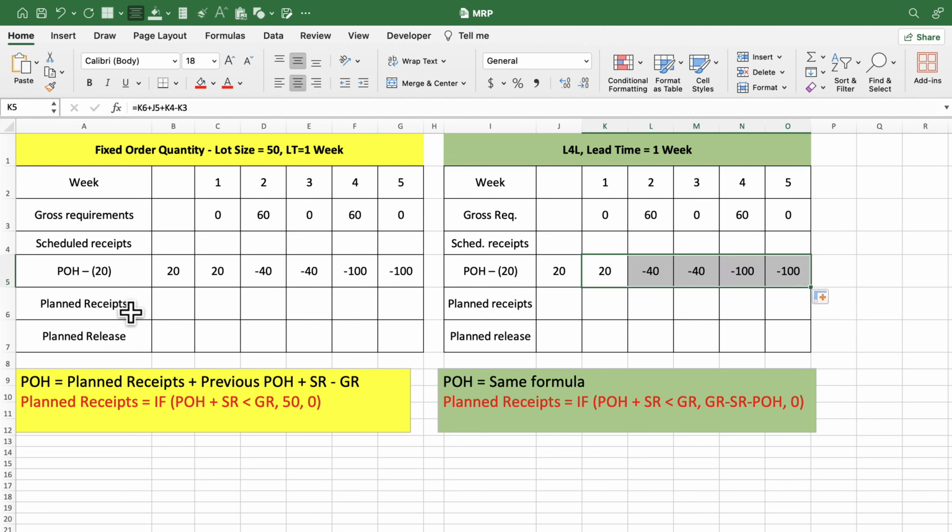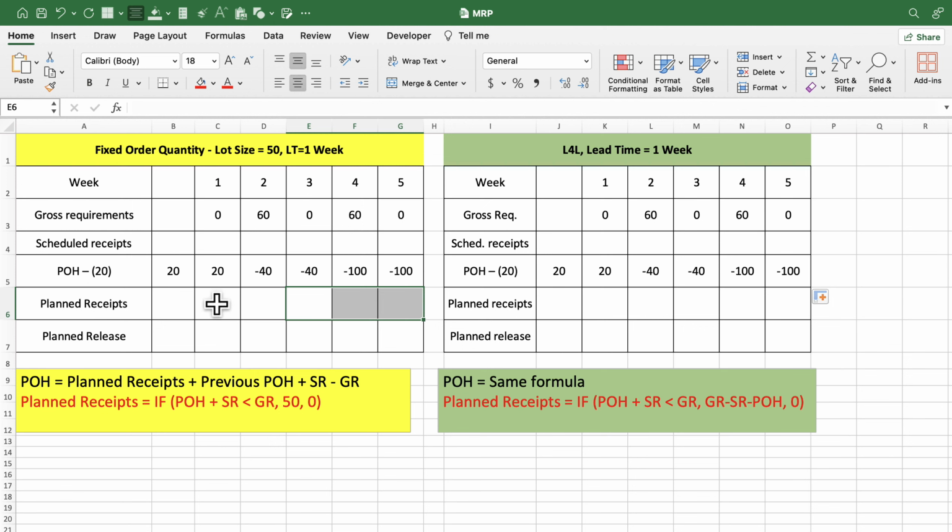The next thing is to calculate planned receipts. So which means we have here 20 units and the demand for next period is 60. Is this 20 sufficient to meet the demand for 60? No, it is not, which means we need something here, and we will also need something in other cells.